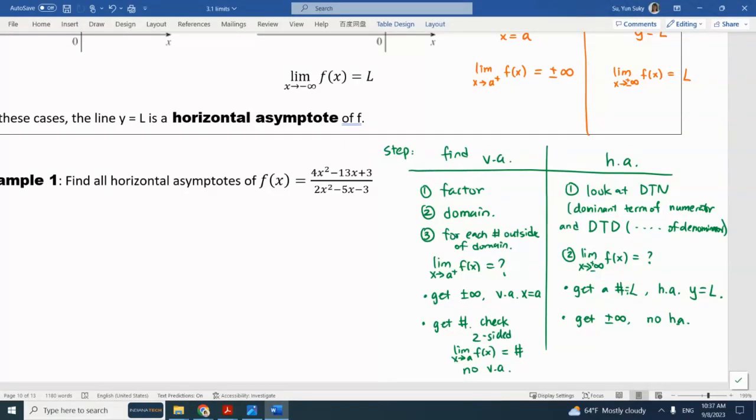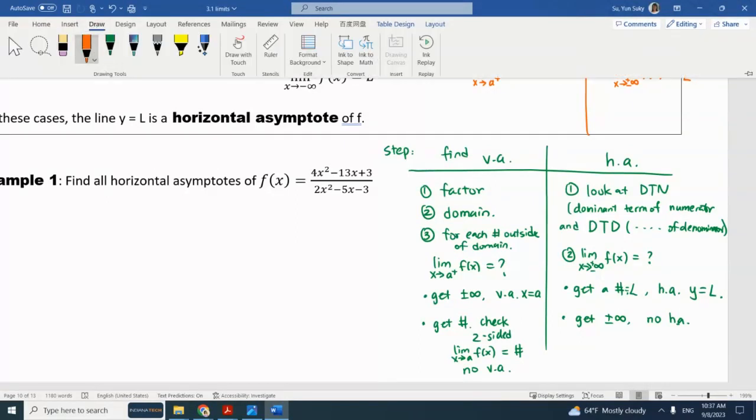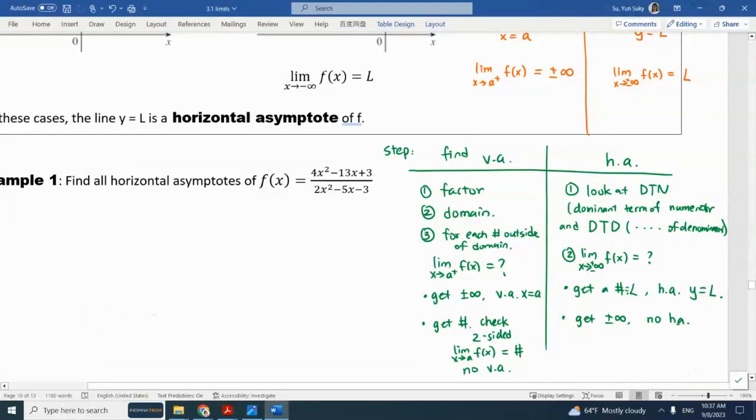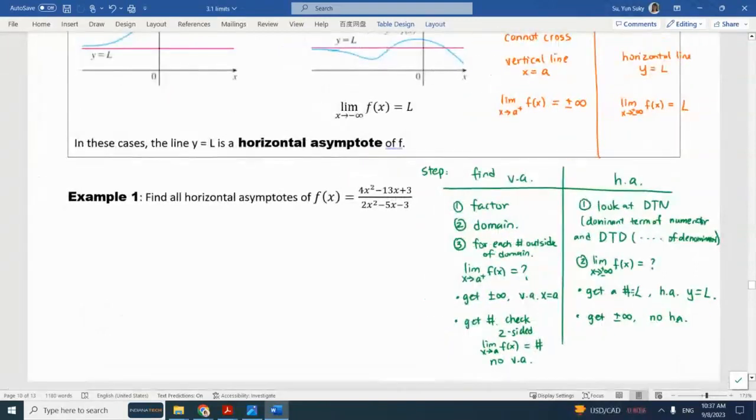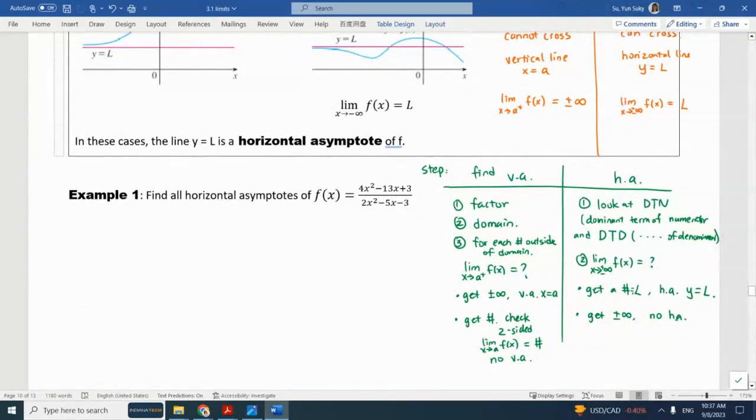All right, so here, let's do that. We want to find horizontal asymptotes. Look at the dominant term of the numerator. What's the dominant term of the numerator? The term also includes coefficients.